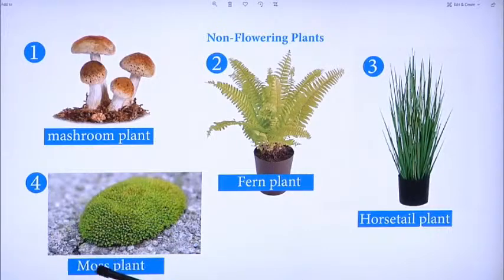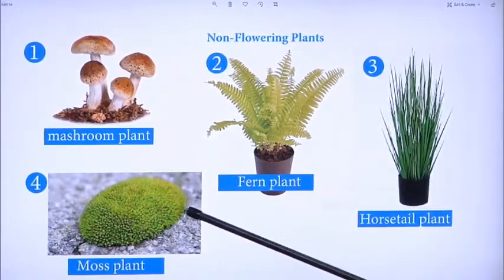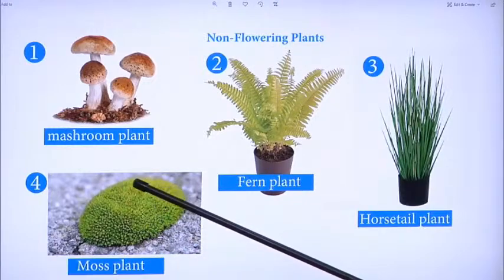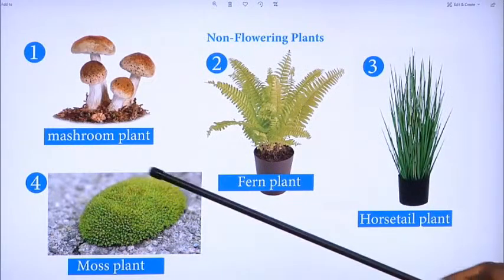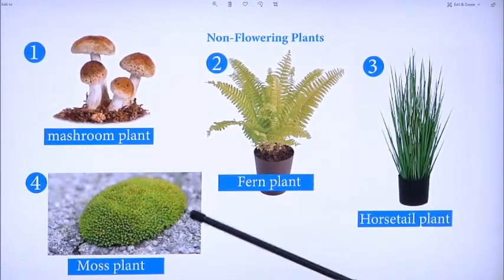Picture 4. A very nice plant. It is called maize plant. Look at how beautiful it is. But this one also does not produce any flower.